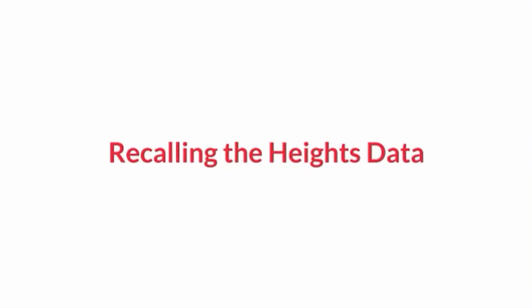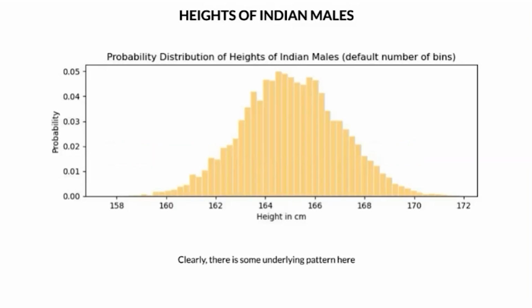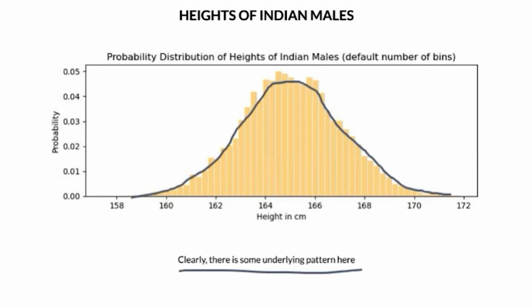Now, the basics of the continuous distributions we have understood from the uniform distribution, which we just saw a while ago. Let's answer that question: is there a formula for this distribution? So this is our heights data. Clearly there is some underlying pattern here, and this much all of us agree. There is clearly a very smooth, nice, symmetrical pattern.